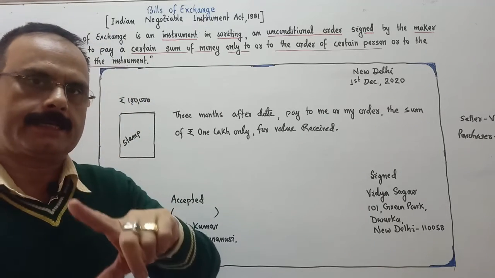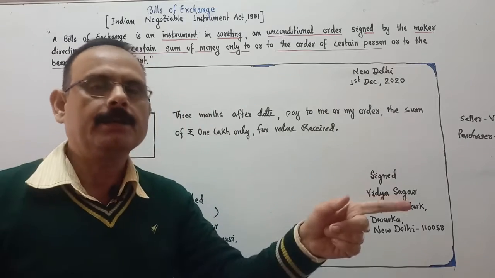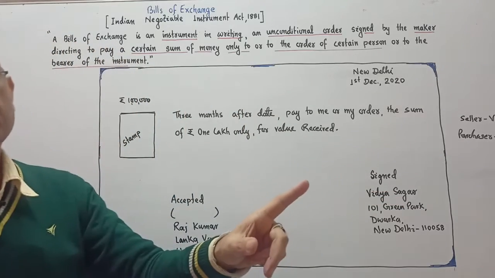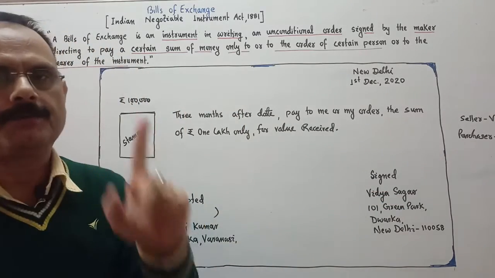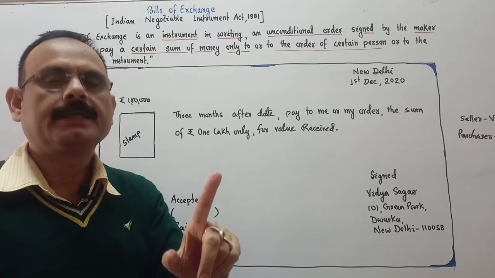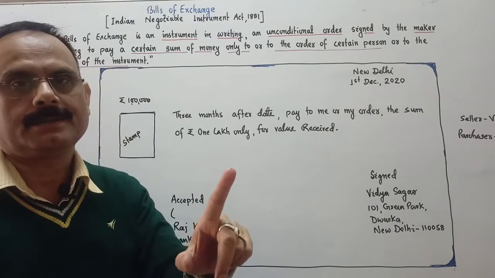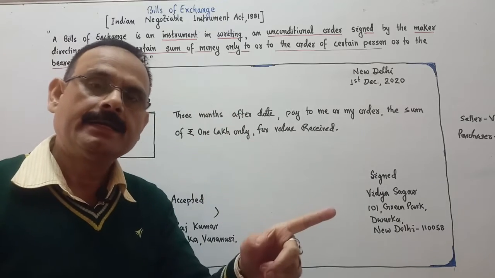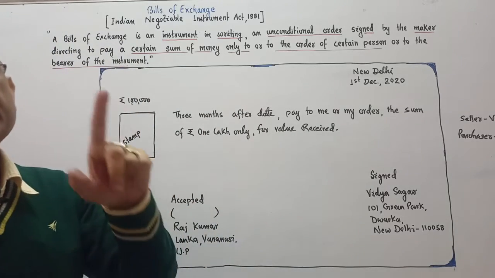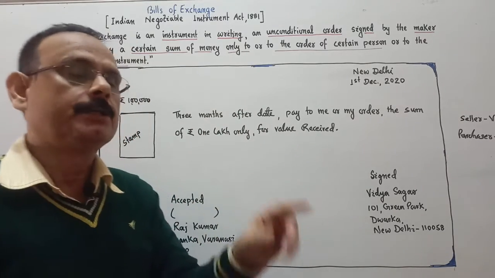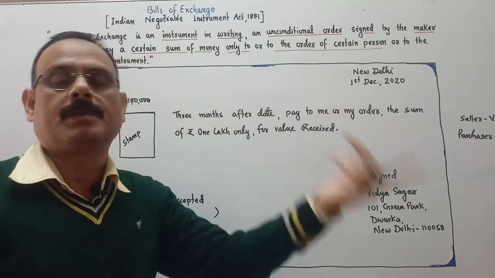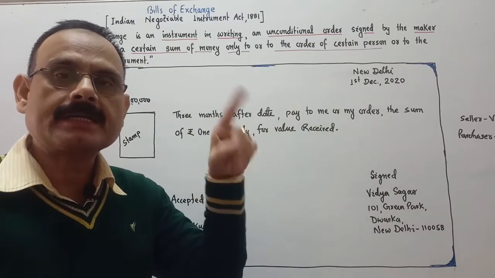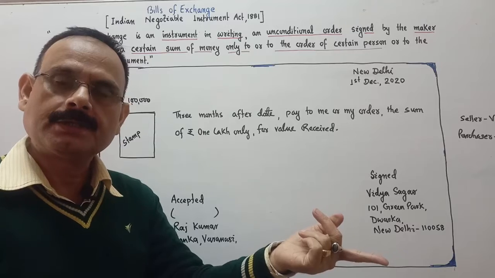So Vidyasagar draws a bill on Rajkumar. Vidyasagar is the drawer, he is the seller, he is the creditor. Rajkumar is the purchaser of the goods.